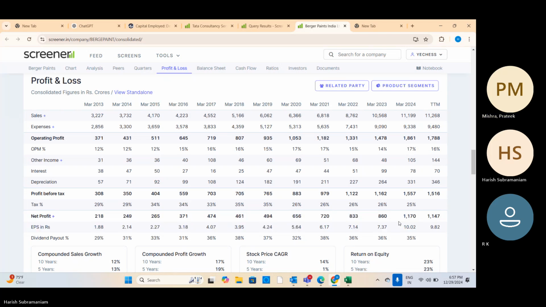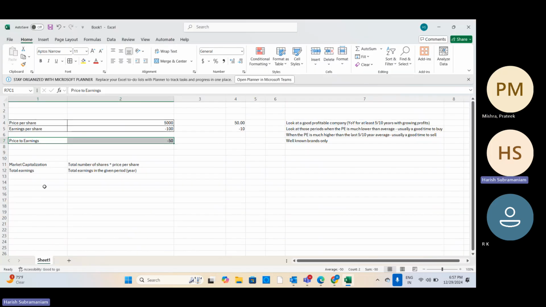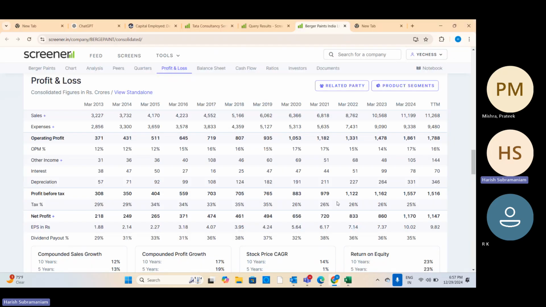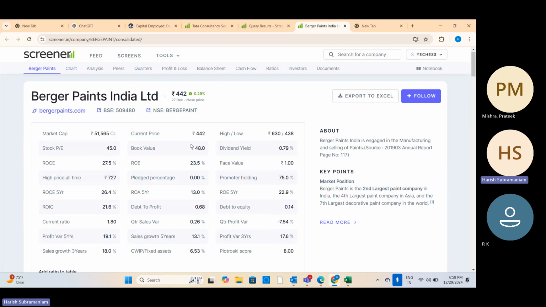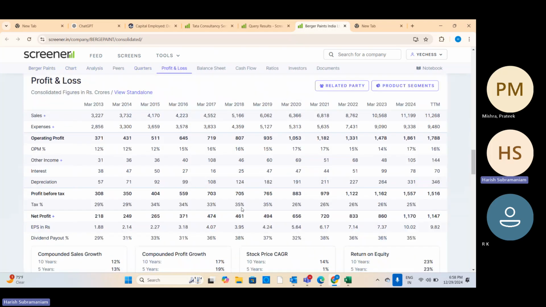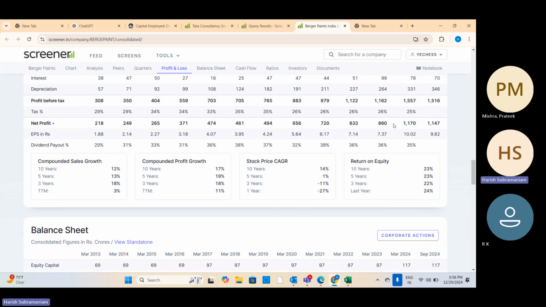Okay, got it. Right. So I had said two things. One is price per share by earning per share. So you as a shareholder are looking at this price per share, that is this one, by the earnings per share, that is this number, this by this.